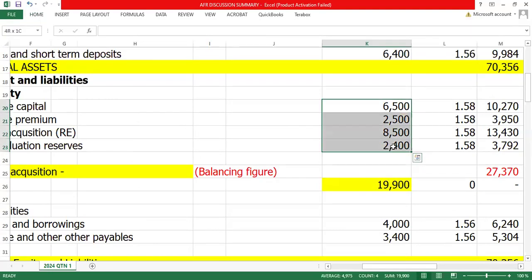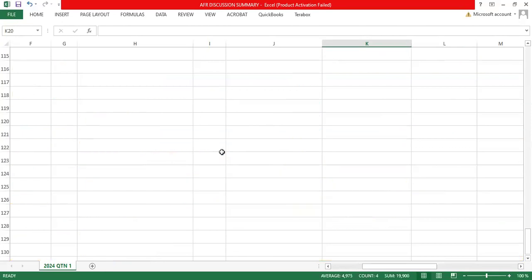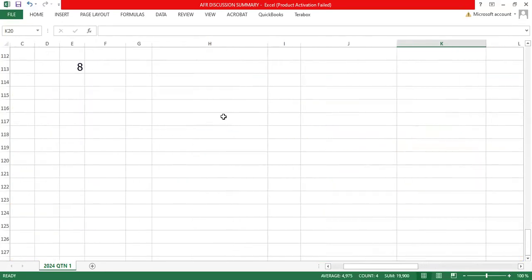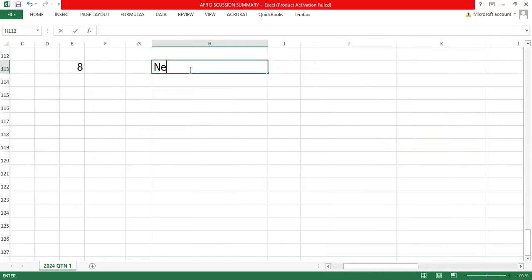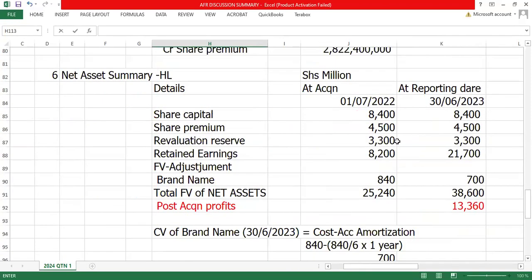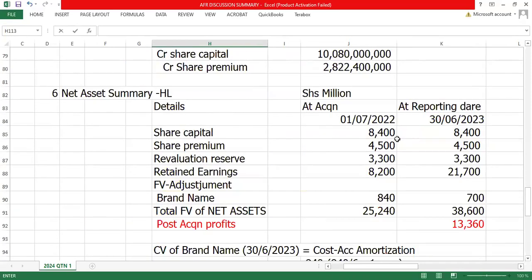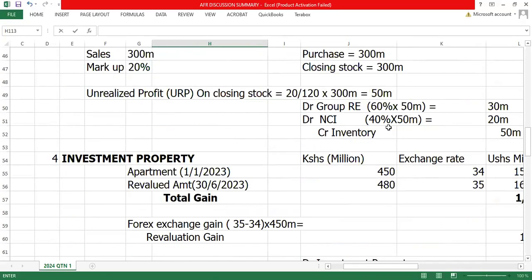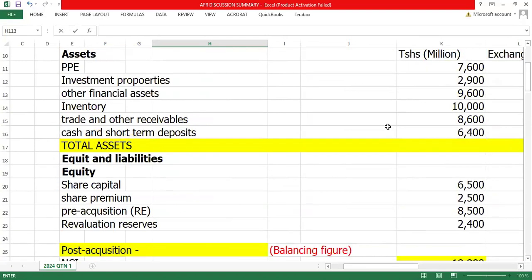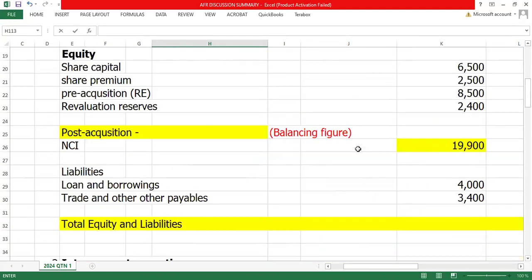If you were to prepare the net asset summary at acquisition, your net assets will be at the total, this 19,900. That will be your net assets at acquisition in the currency.